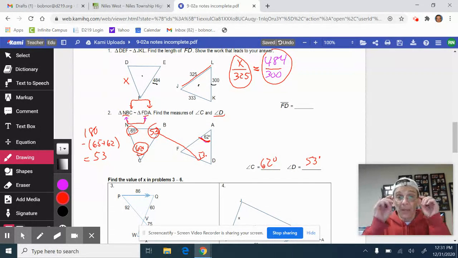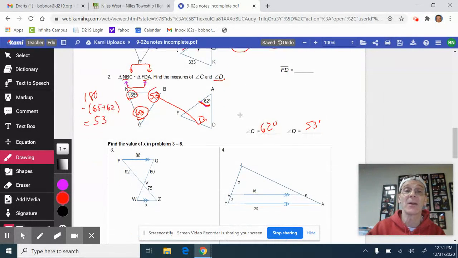And again, the principle being that when figures are similar, all the corresponding angles must be exactly the same. No change in angle measures at all, okay? So it's pretty simple.